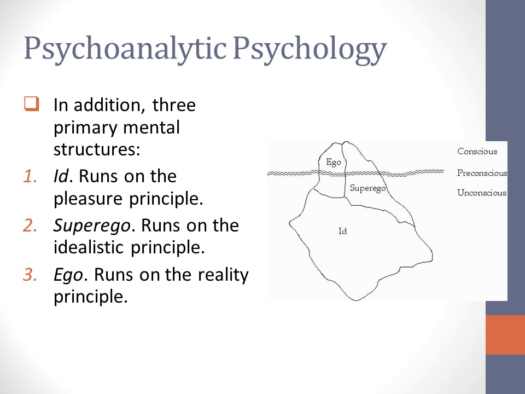It wants immediate satisfaction. The superego, on the other hand, includes both unconscious and conscious components that are really sort of an internalized sense of our parents or the government. Ideals. It runs on the idealistic principle. It wants us to live up to higher standards. And then the ego is the sense of self that sort of mediates between these two things, the demands of the parent and society versus the instinctive desire for pleasure.